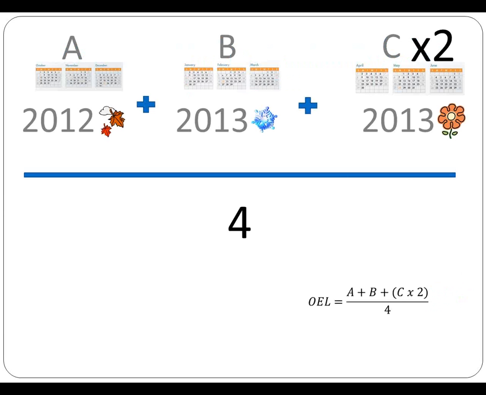Here's a graphical representation of taking quarterly samples. We just finished in May. So we take November of 2012 plus February of 2013 plus 2 times the May result, divide by 4.